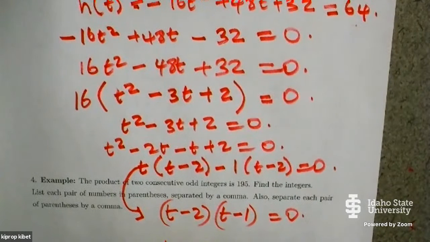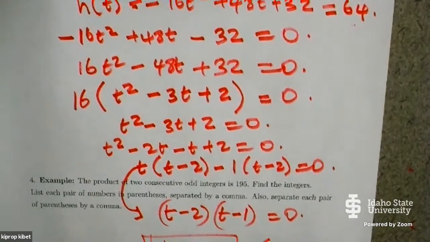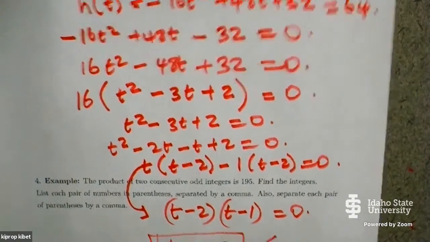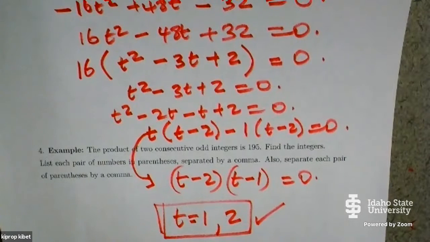Therefore, t equals 1 and 2. Those are the times at which it will reach the height of 64.